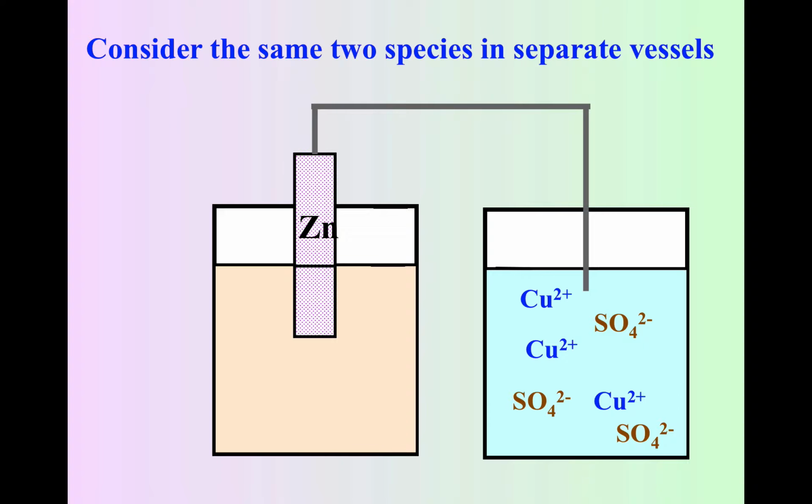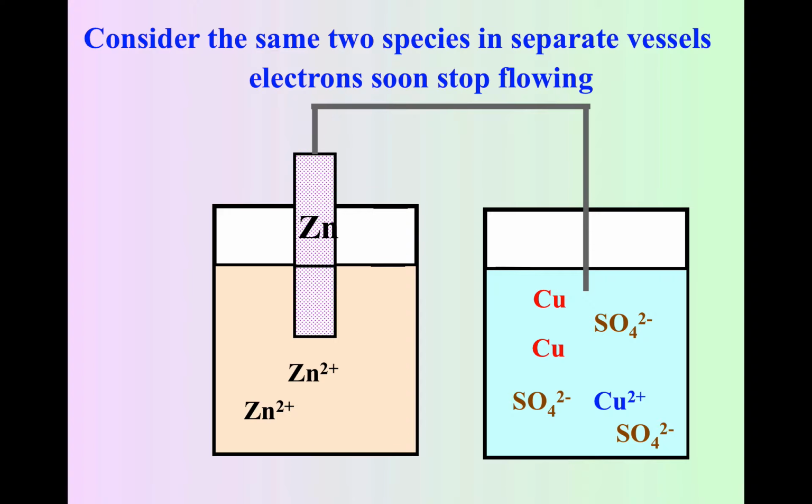And in this way, the copper 2 is taking electrons away from the zinc through the wire. So the electrons travel from the zinc over to the copper 2. And zinc on the one side is turning into zinc 2 plus, and on the other side, copper 2 plus is turning into copper.